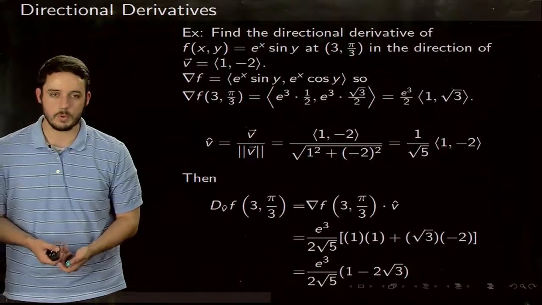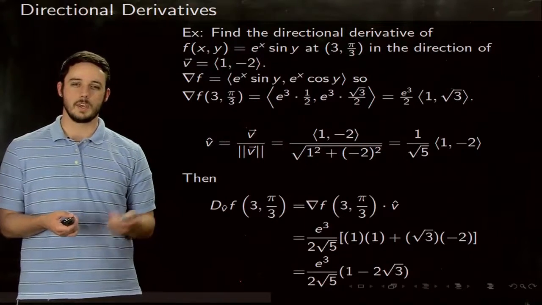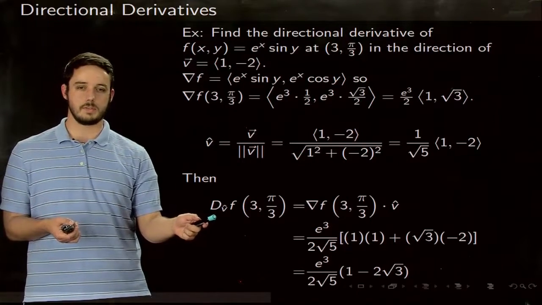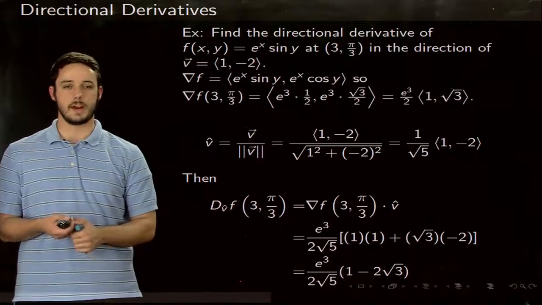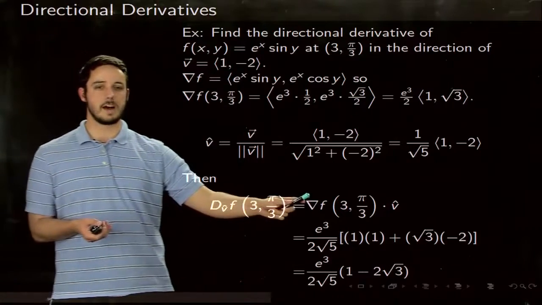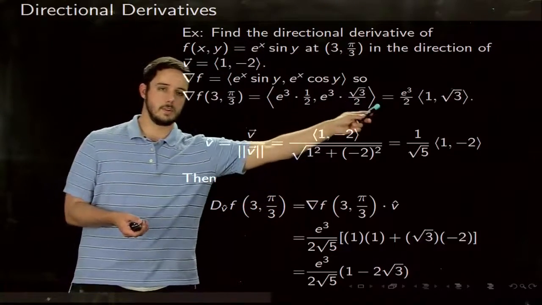And so using our formula from before for directional derivative, the directional derivative in the direction of v of the function f at the point (3, pi/3) is just the dot product of these two things we've found.